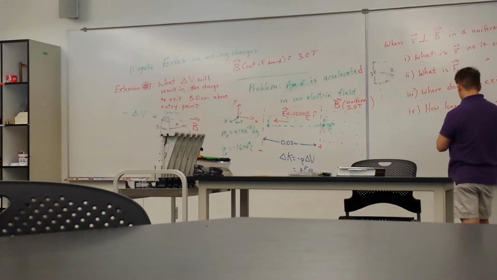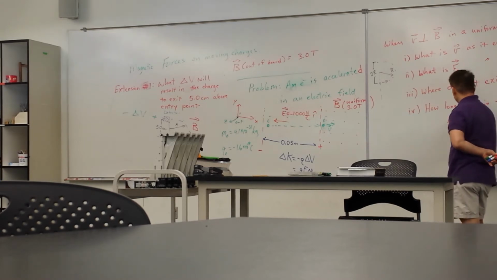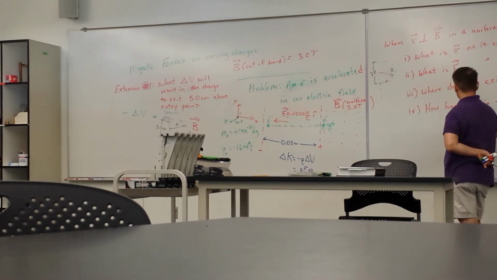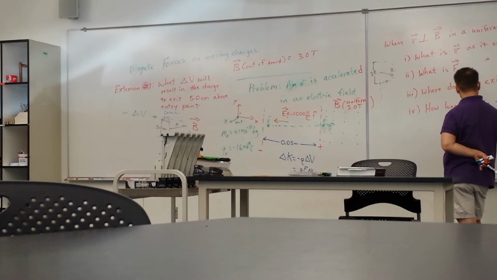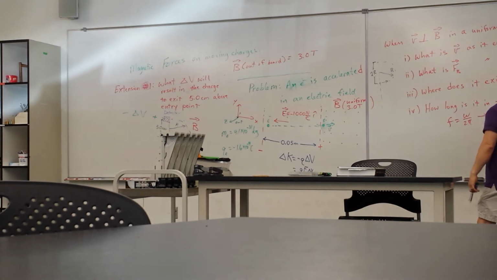What did we say omega was? Well, first of all, the frequency is omega over 2 pi. So the time for 1 period should be 1 over the frequency, so 2 pi over omega.